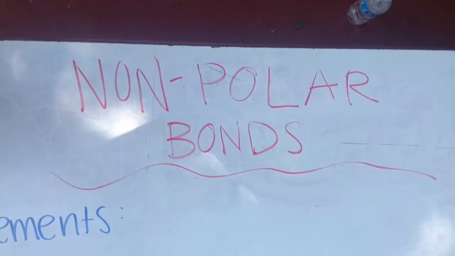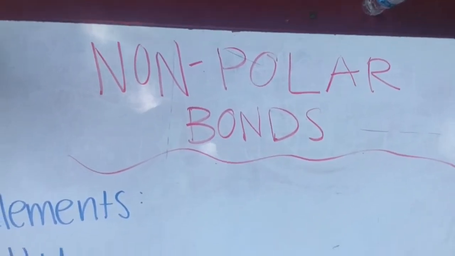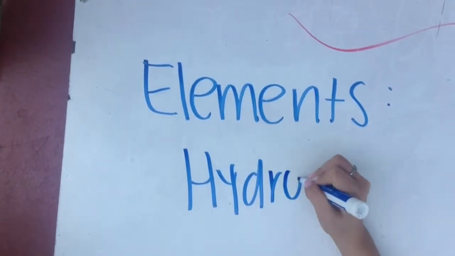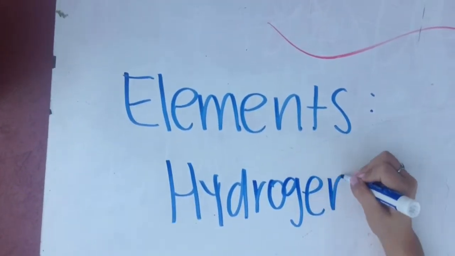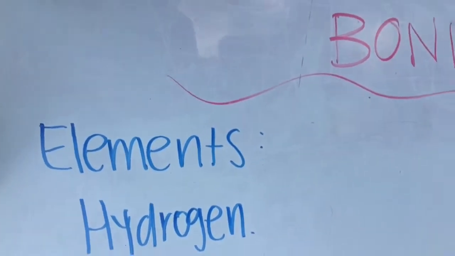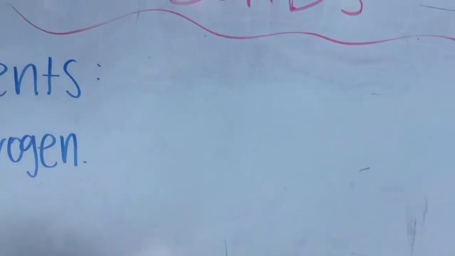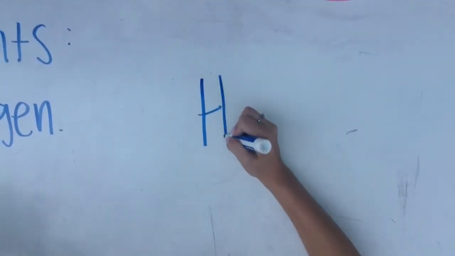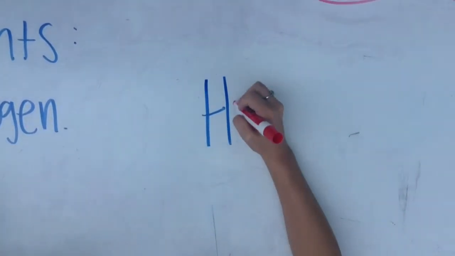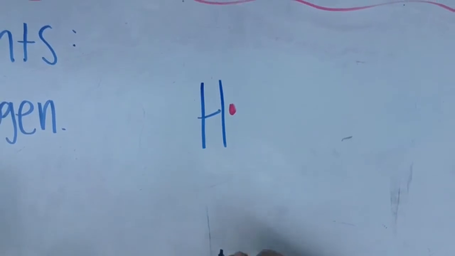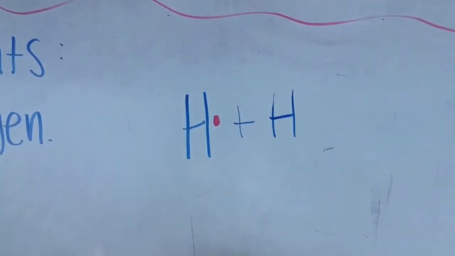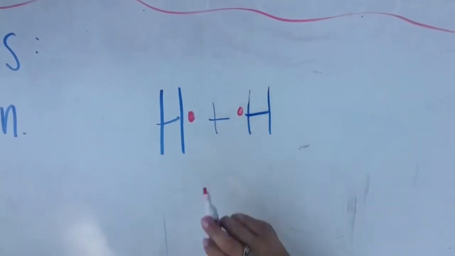So now we'll be learning about non-polar bonds. And the element that we will be using for this example is hydrogen. Okay, so hydrogen only has 1 valence electron, so we're going to add those together. There's the 1 electron plus hydrogen again with 1 electron.